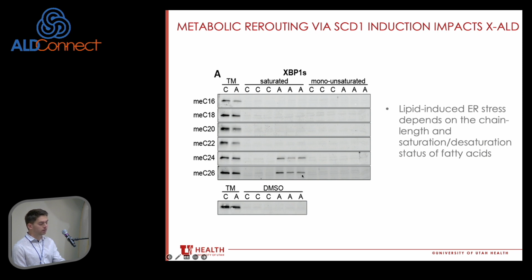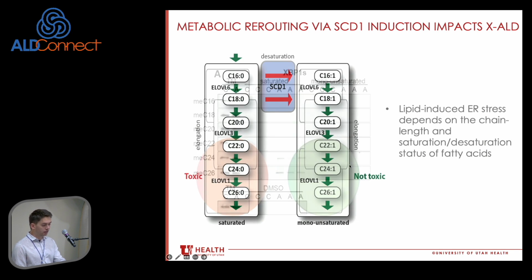And they observed that saturated VLCFA were actually more toxic to ALD cells compared to monounsaturated ones. And so it's suggesting that the induction of the expression of SCD1 would be a nice strategy to protect the cells from the toxicity of saturated VLCFA by switching them to non-toxic monounsaturated VLCFA.